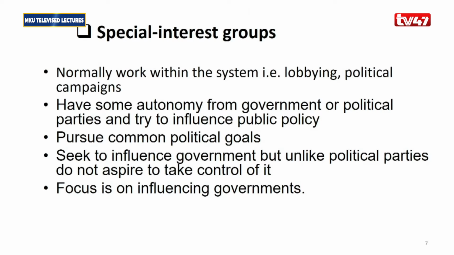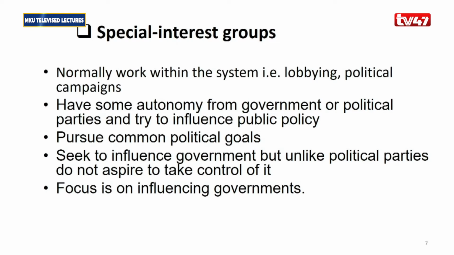Looking at this specific characteristic, special interest groups are usually very organized, and in most cases they tend not to use other means that can bring chaos when they are agitating for their issues to be dealt with. Apart from that, special interest groups have some autonomy from government or political parties, and therefore they try to influence policy.